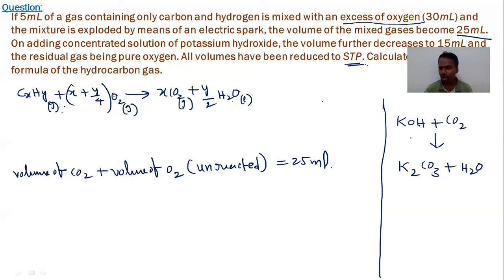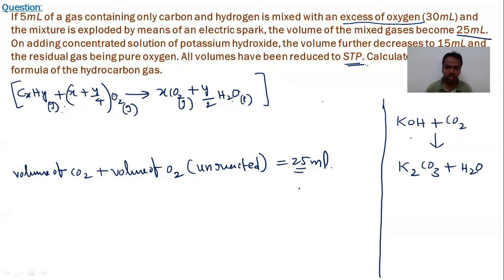When you pass KOH, it completely absorbs the CO2 gas from this gaseous mixture. Then the volume of the gaseous mixture decreases. How much does it decrease? Here it is given that the volume further decreases to 15 ml. Initially 25 ml, then after passing KOH the volume further decreases to 15 ml.